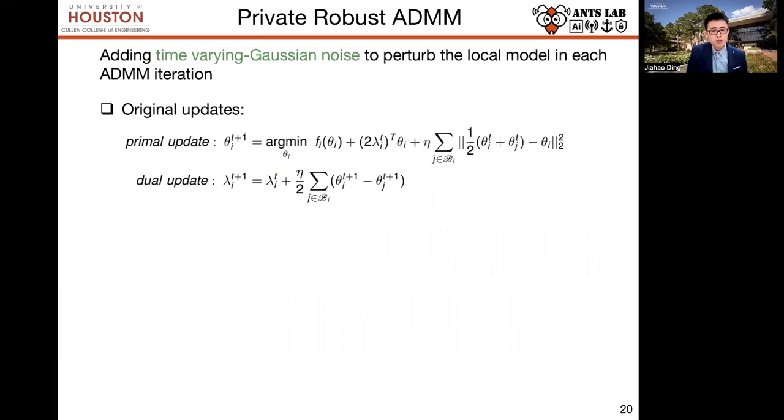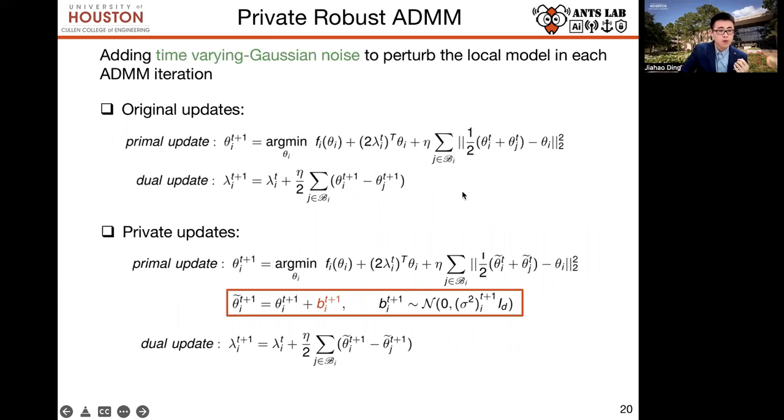So our idea, at the beginning, is to add time-varying Gaussian noise to perturb the local model, right? So this is the original update, and after we get the local model, we add a time-varying noise here to perturb the local model, and then we perform the dual update.